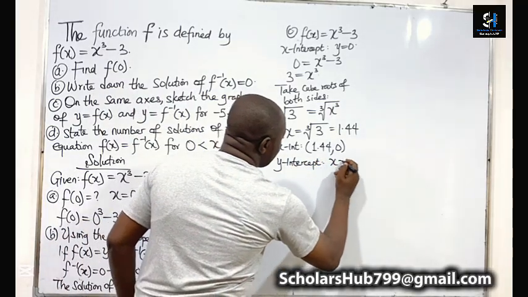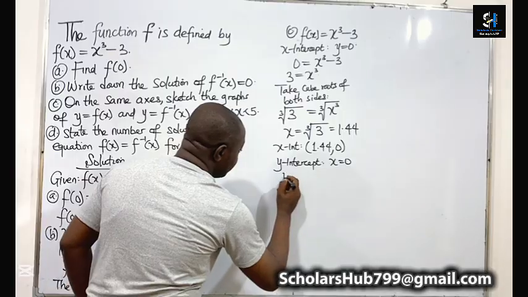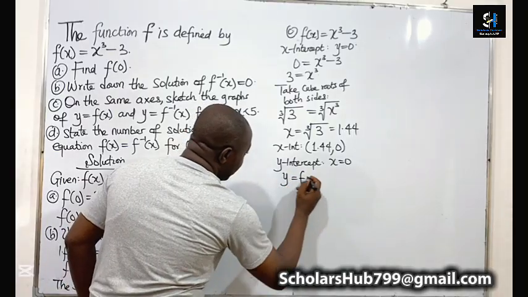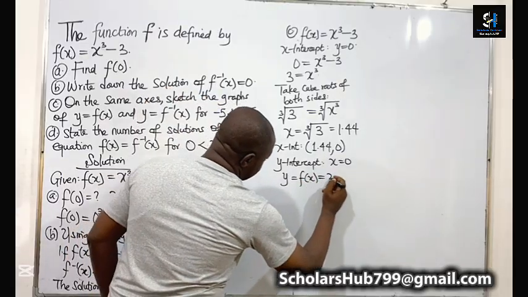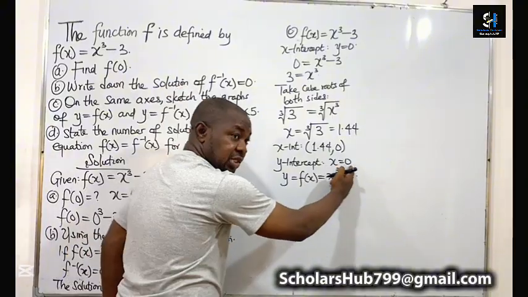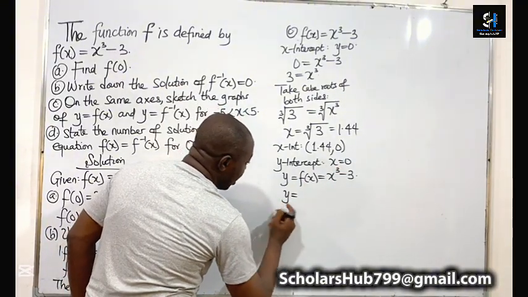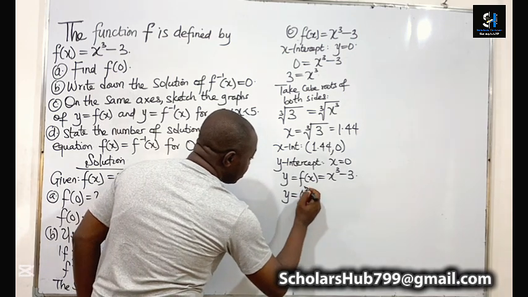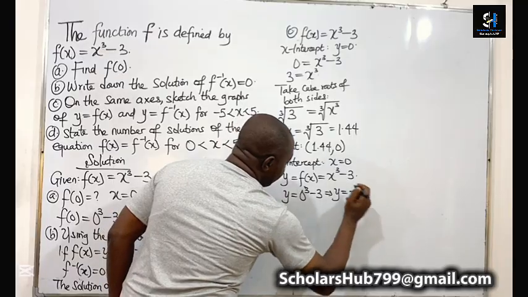For the y-intercept, that is the value of y when x is equal to 0. What is the value of y when x is 0? Because we know that y equals f of x, which equals x cubed minus 3, when x is 0, y will be 0 cubed minus 3, so the value of y will be minus 3.